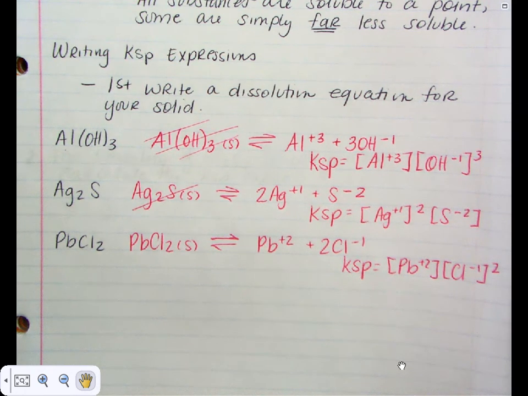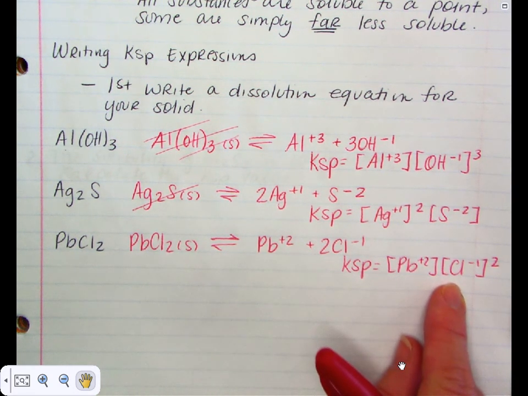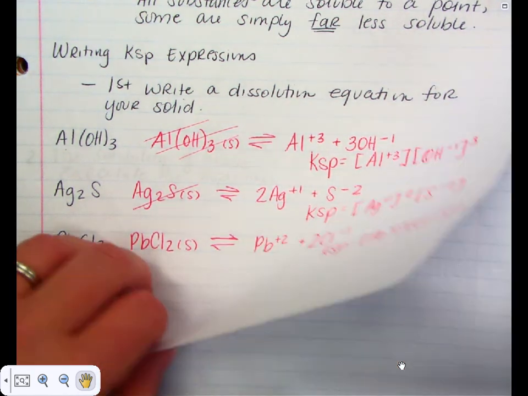So there's 2 different types of problems that you will be asked to do, at least in this class, with KSP. We're going to be asking you to find KSP, to solve for KSP. So obviously this would be the first step of that. And then the second thing we'd ask you to do is to solve for the concentration of these ions here, which is called molar solubility. So let's run through a couple examples with that.